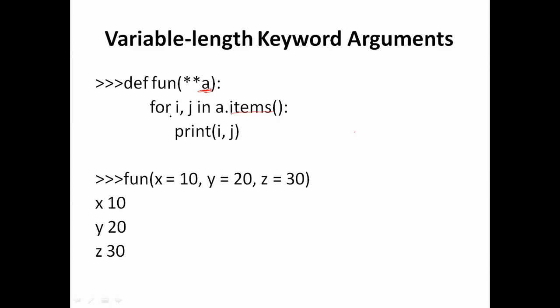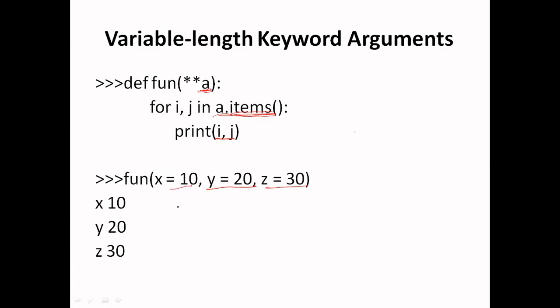In this case I have used a for loop for iterating over the elements, that means the key and value part of this dictionary a, and then I have printed their key and values respectively. If I call this function by passing just three keyword arguments, in this case I have used x equals to 10 as the first keyword, the second keyword is this, and this is the third keyword.